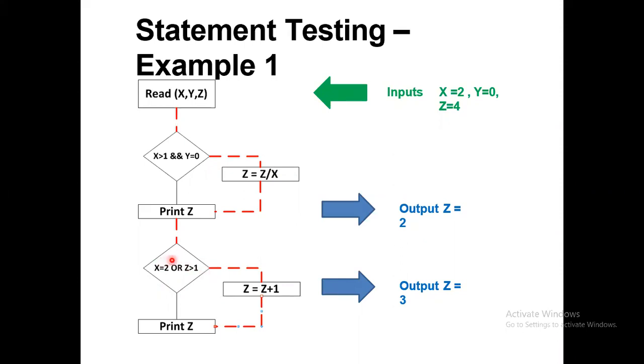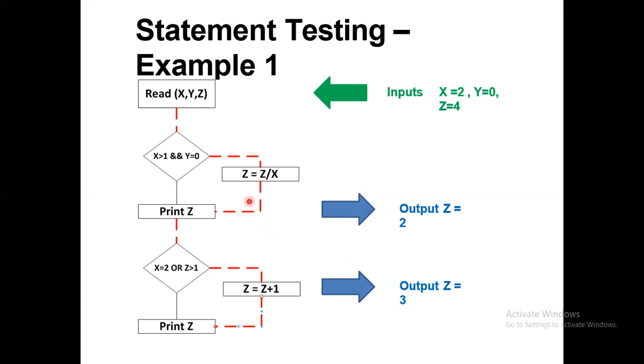This condition says X should be 2, and X equals 2 is okay. And Z should be greater than 1, so the next value greater than 1 for Z will be 2, right?